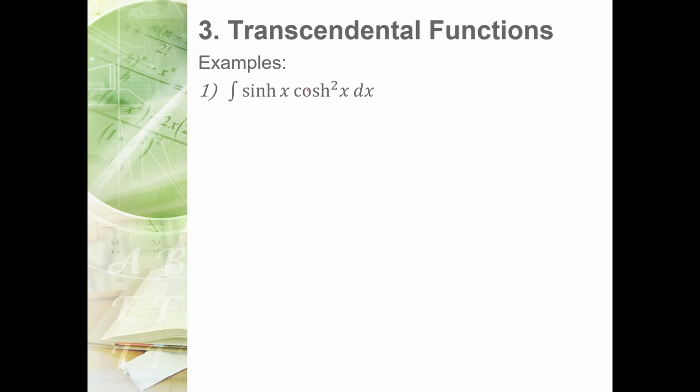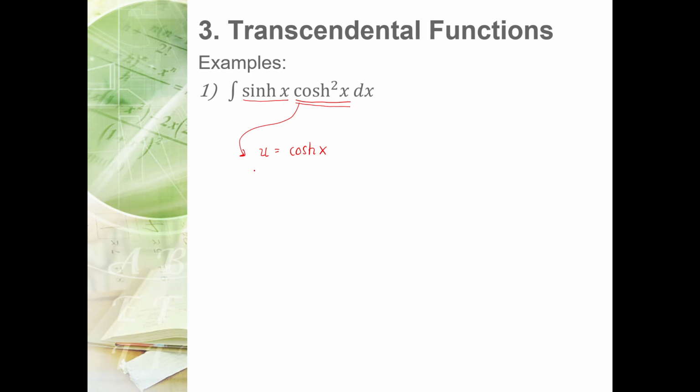According to u sub, you always choose the more complicated term, and the higher the degree, the more complicated. This one is linear, this one is quadratic, or second degree. So automatically this one becomes our u parameter. So u is equal to hyperbolic cosine x.